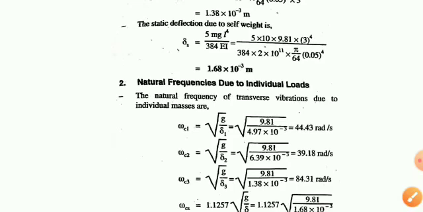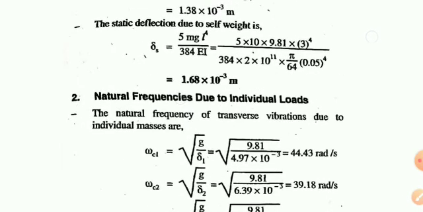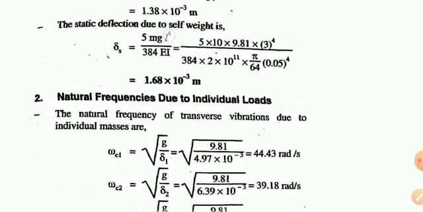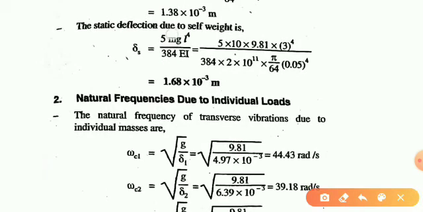So we can find the static deflection due to self weight by this equation, 5 times mg, or we can say w, L raised to 4 upon 384 EI.